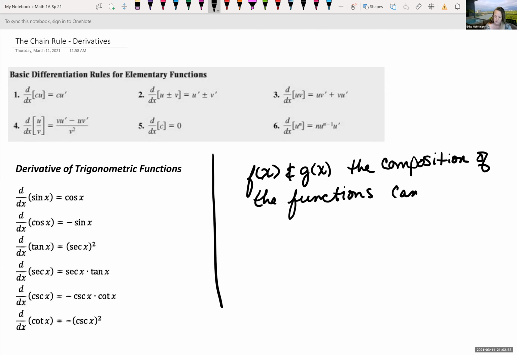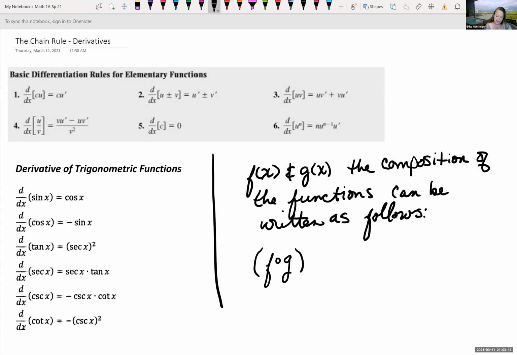You might see this F and then a little circle in between the F and the G, with parentheses around f, little circle g, and then x in parentheses.